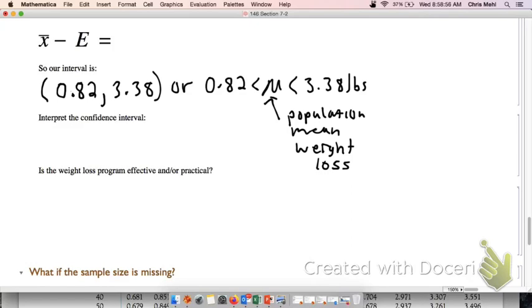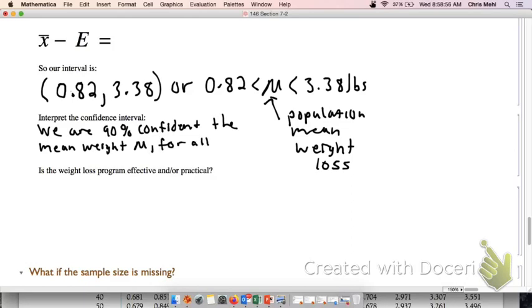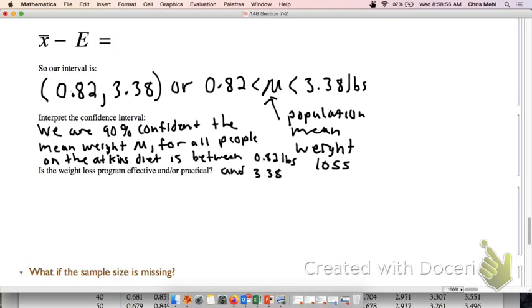When I interpret the confidence interval, we would say we are 90% confident the mean weight loss mu for all people on the Atkins diet is between 0.82 pounds and 3.38 pounds.